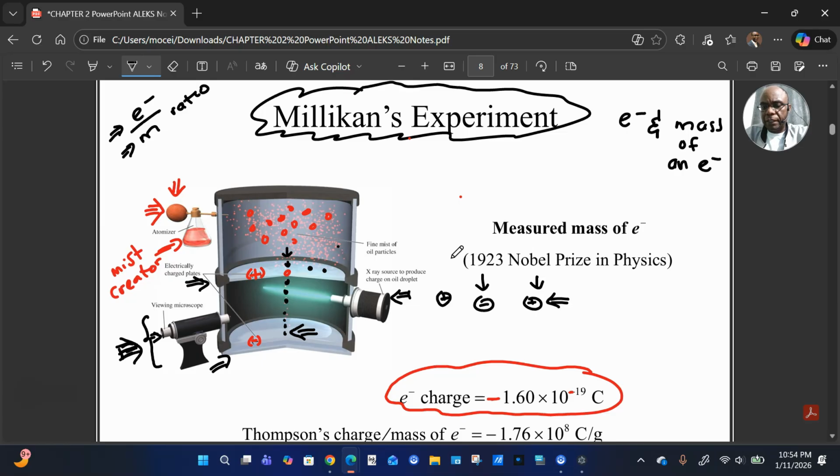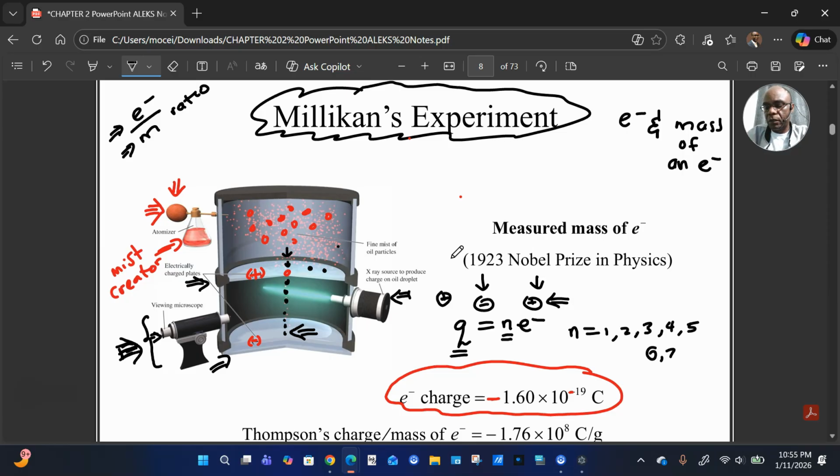With this experiment, he observed that the magnitude of charge Q is always a multiple of the electron charge E. So there could be a factor of n here, where n is 1, 2, 3, 4, 5, 6, 7.